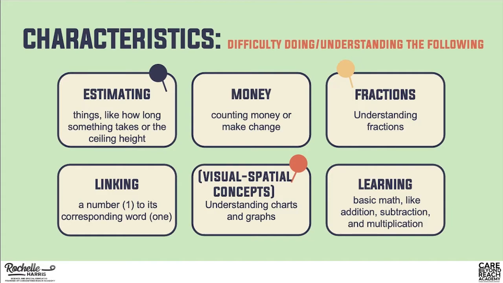So they have a challenge estimating things like how long something takes or the height of the ceiling. They also have challenges with money, that's counting and making change, fractions, linking a number 1 to its corresponding word 1. They have visual spatial challenges as well, understanding charts and graphs, and also simply learning basic math like addition, subtraction, and multiplication.